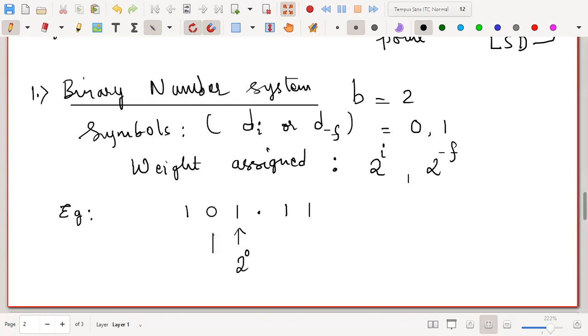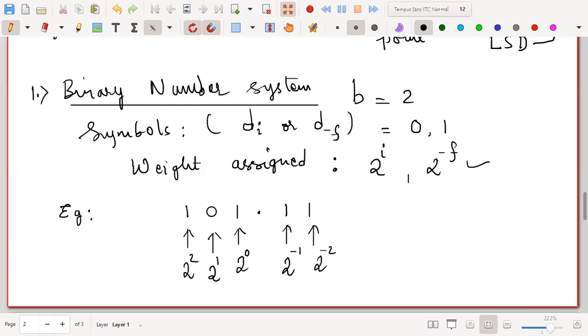The weight assigned to this 0 is 2 raised to the power 1. Similarly, the weight assigned to this 1 is 2 raised to the power 2. Now, after the decimal point, you have the general expression 2 raised to the power minus f. So the weight assigned to this 1 is 2 raised to the power minus 1, and then the weight assigned to this one is 2 raised to the power minus 2. This is how the weight assigned is calculated in a binary number system.